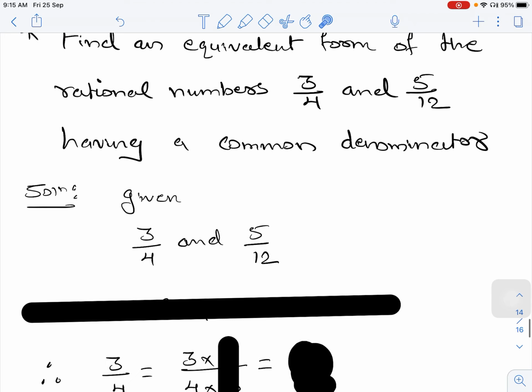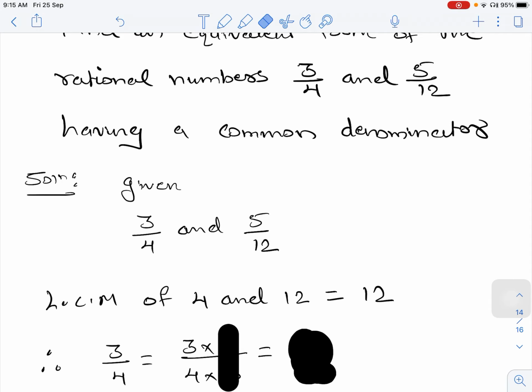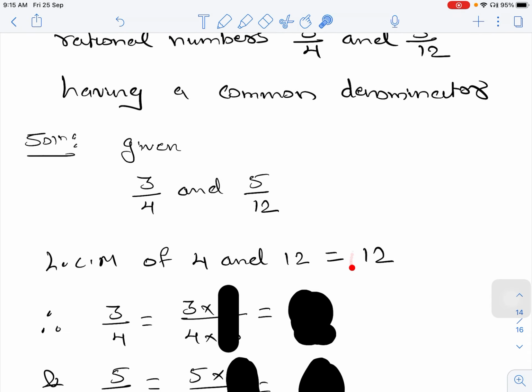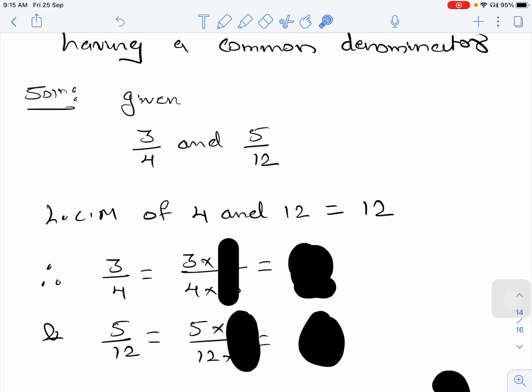Okay, now whenever such a condition is given, the very first step is that we have to find the LCM of the denominators, this 4 and 12. Okay, so now the LCM of 4 and 12 is how much? So that is 12. We all know how to find the LCM of the numbers, so by that method we got LCM as 12.